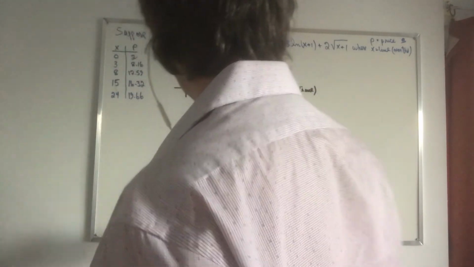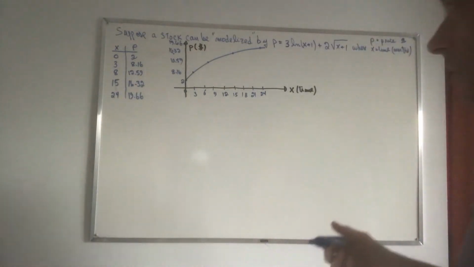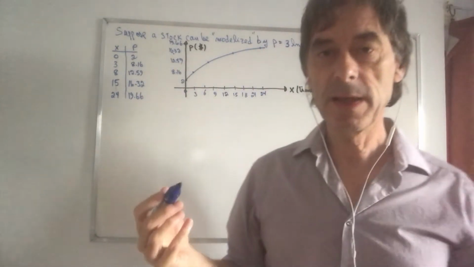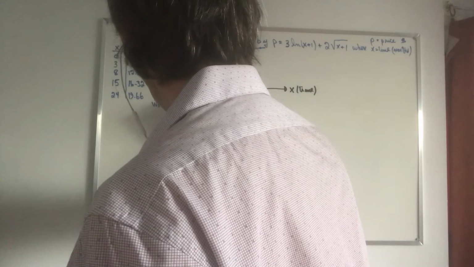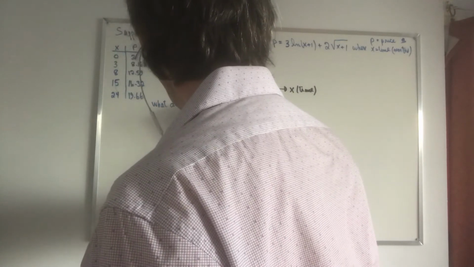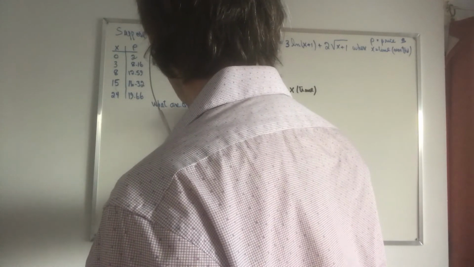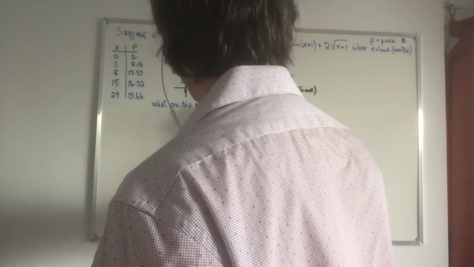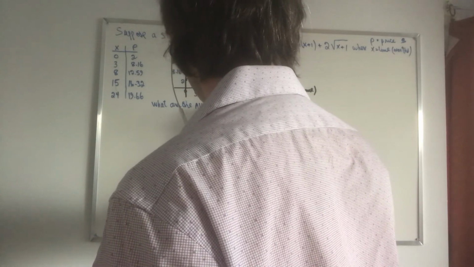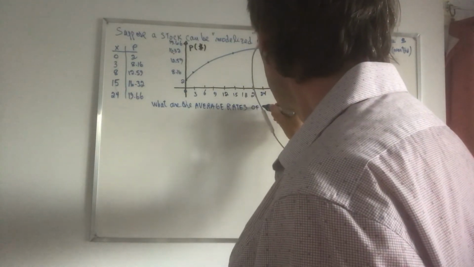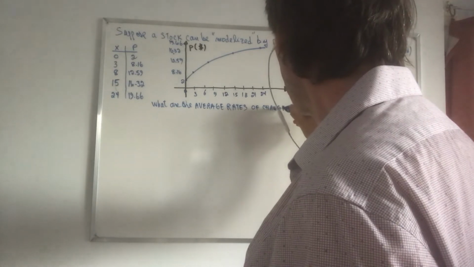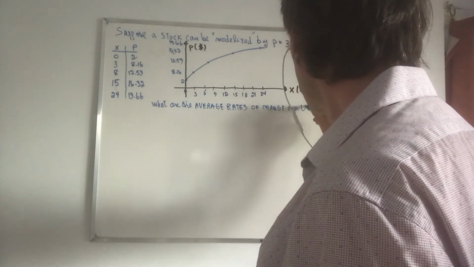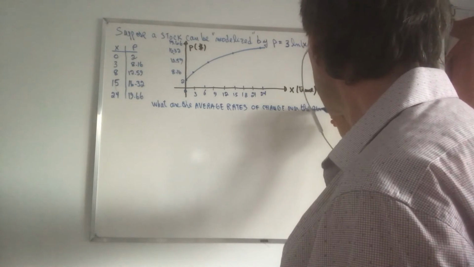All right. So the question here is to use this curve to calculate some average rates of change. So, what are the average rates of change over the given period?